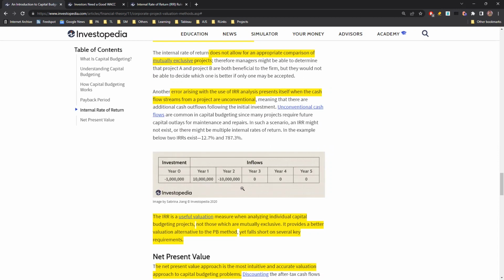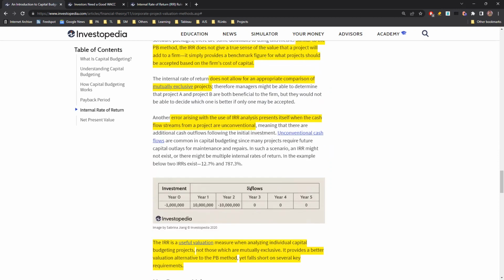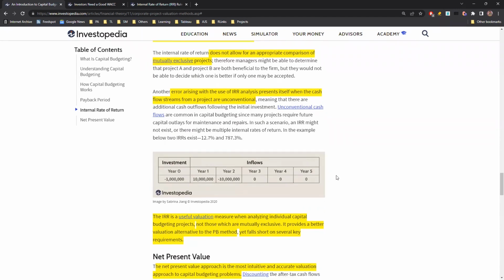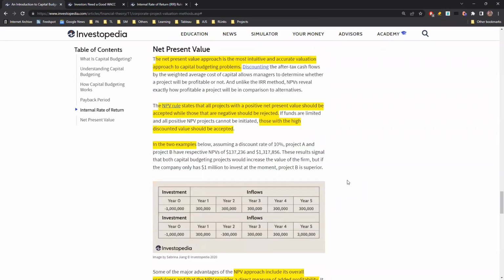So there are a lot of complications, and in such situations, IRR typically is not that favorable in giving us a better and accurate comparison across projects.